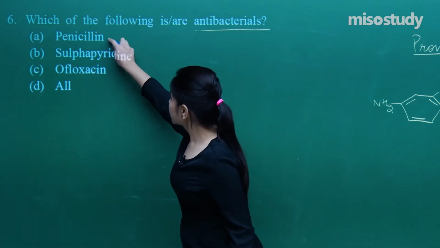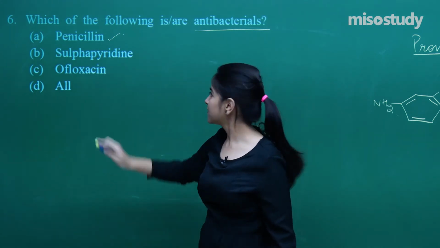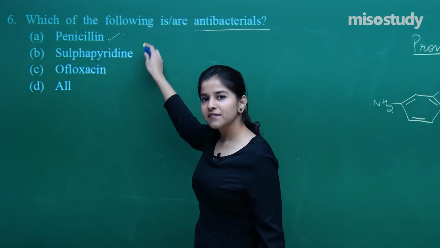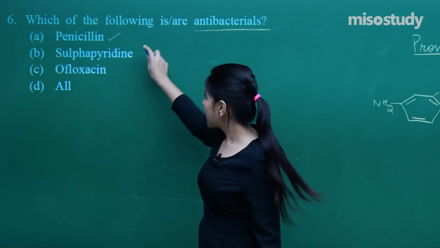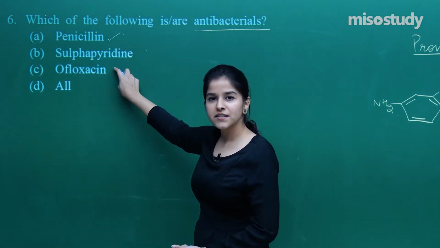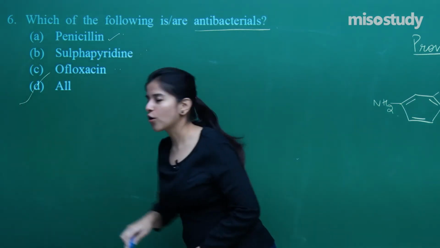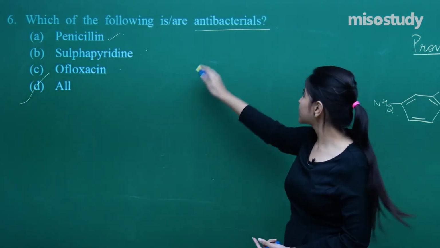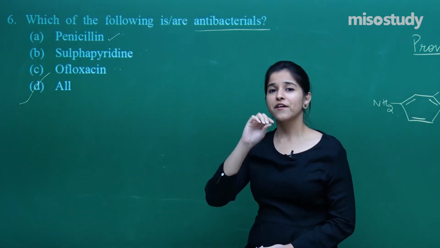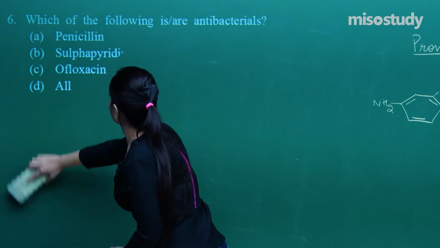So penicillin, antibiotic, bactericidal, sulfapyridine, class of sulfur drugs, antimicrobial, or I can say antibacterial. Ofloxacin, again bactericidal, and definitely this is the option depicting all of those are antibacterials. I hope everybody has got the answer. It's too simple. So let's move on.